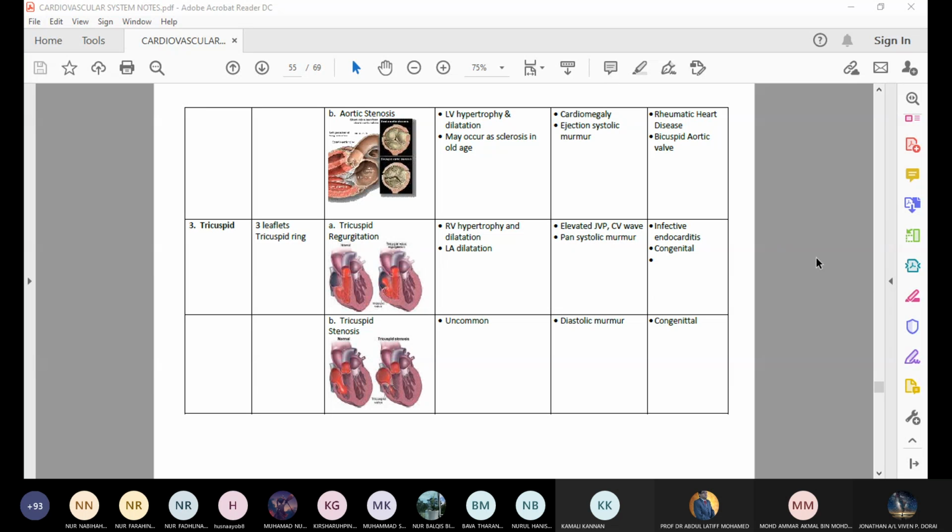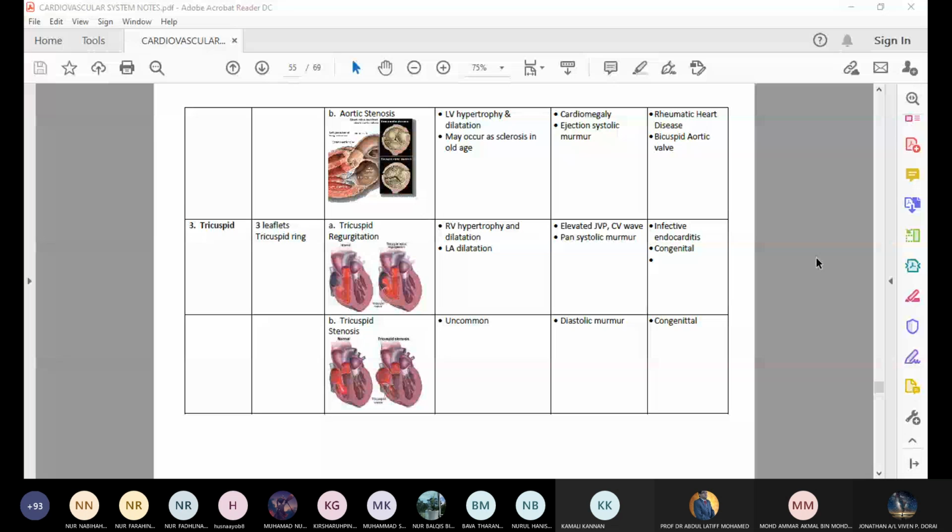Okay. And what causes this problem? Mainly chronic rheumatic heart disease. The process of chronic rheumatic heart disease causes inflammation either on the mitral valve or the aortic valve, and eventually it either becomes stenotic or regurgitant.